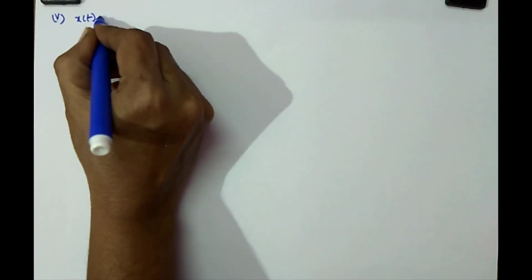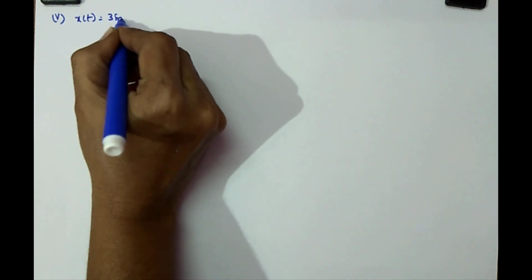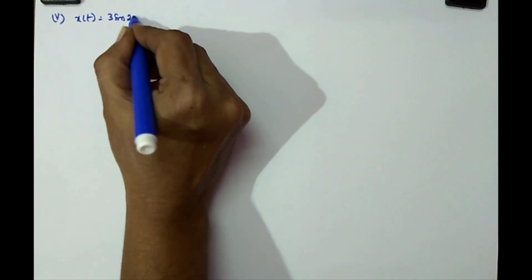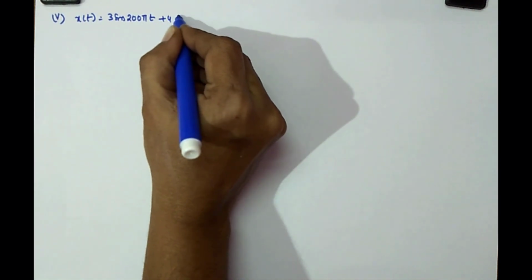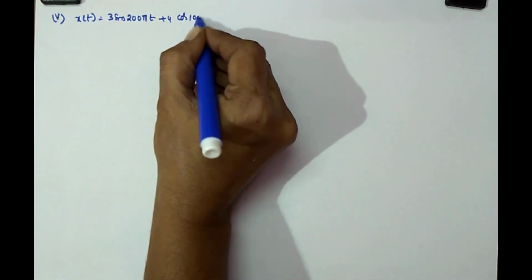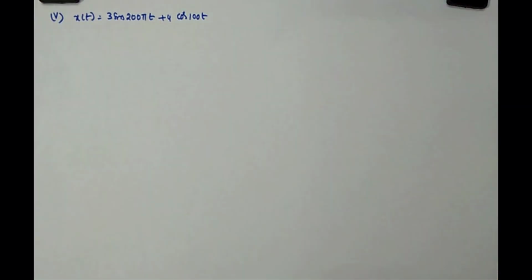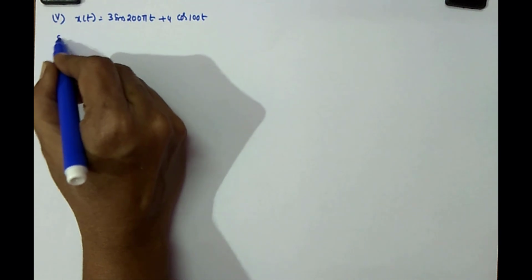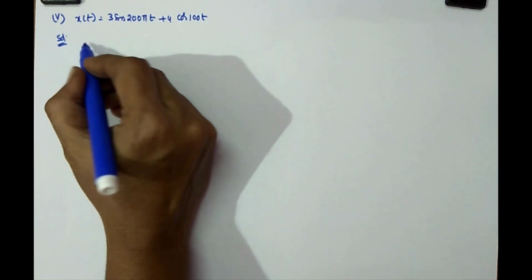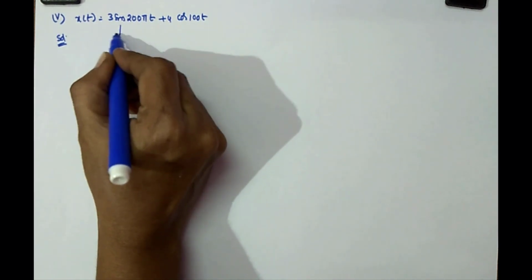Take another problem. x of t equal to 3 sine 200 pi t plus 4 cos 100 t. Now take the first term.